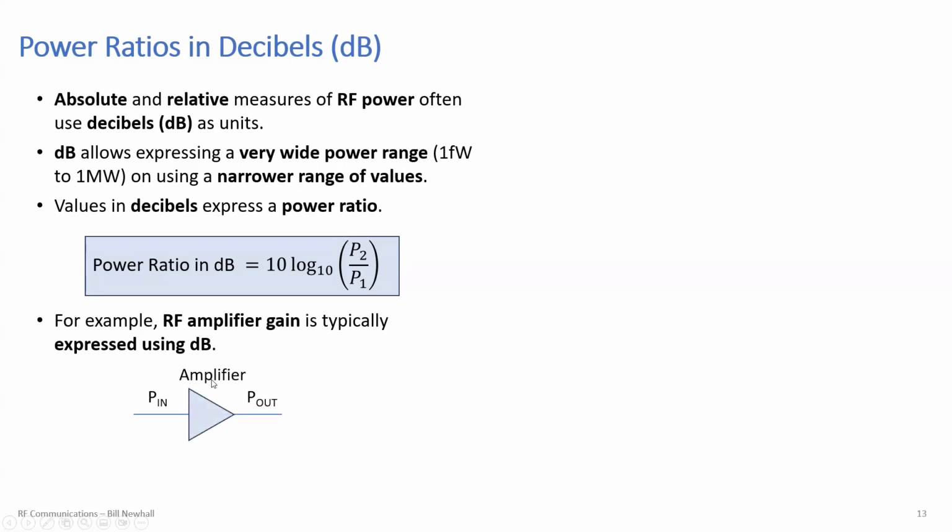So if you have some kind of amplifier, you would express its gain in dB using P out versus P in like this: the gain in dB is 10 log base 10 of power out over power in. We'll talk more about that later. I want to give you some examples so you can think in dB and see why it's useful.